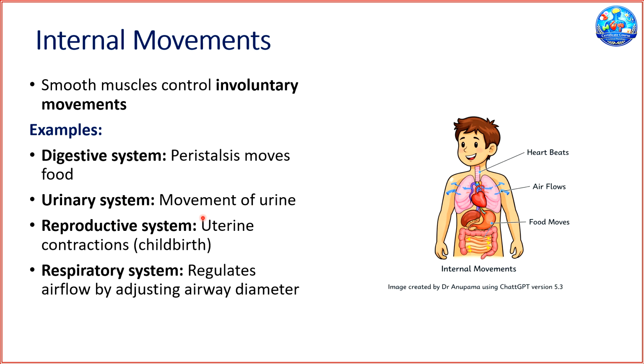Similarly, they help in the movement of urine in the urinary system and also play an essential role in uterine contractions during childbirth. In the respiratory system, the smooth muscles regulate airflow by adjusting the diameter of the airways.